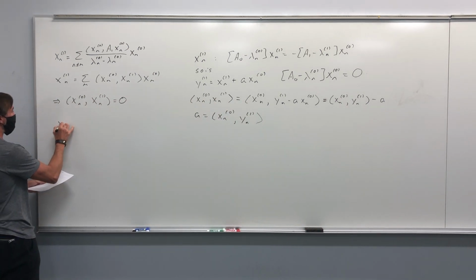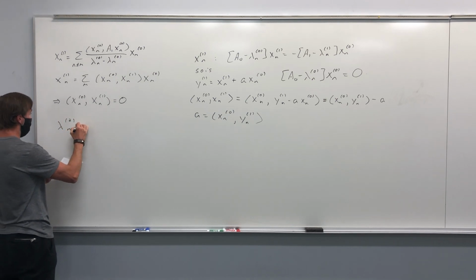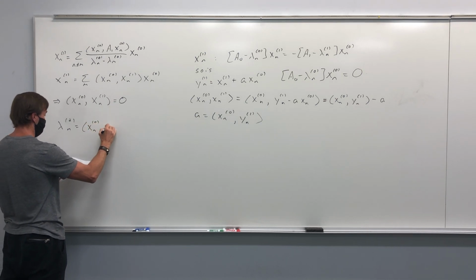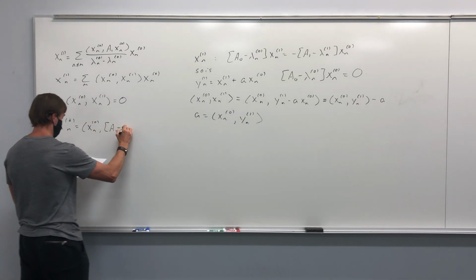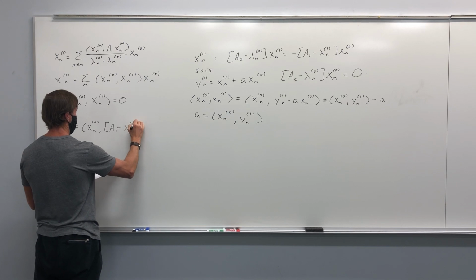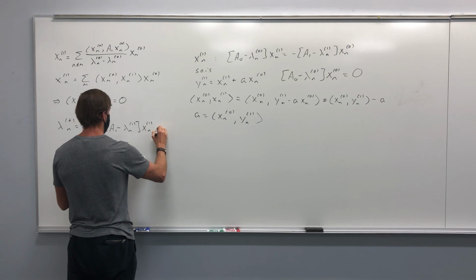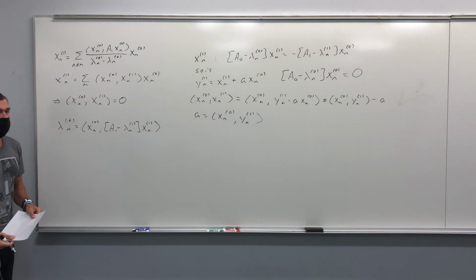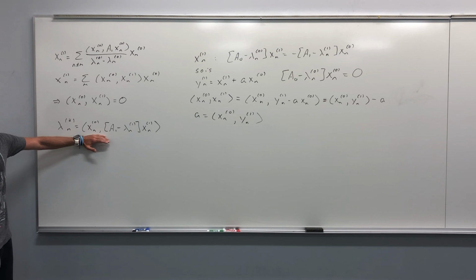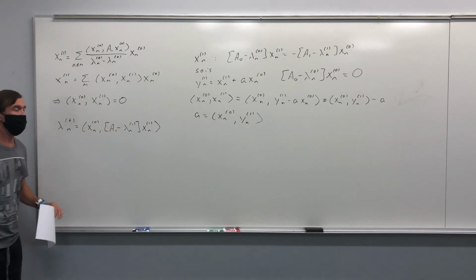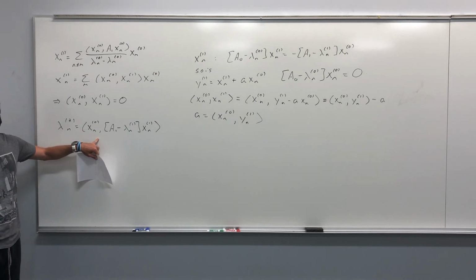If we take the expression lambda 2 n, which was given initially by this expression, how does this simplify given that this is 0? What happens? Can you see it?